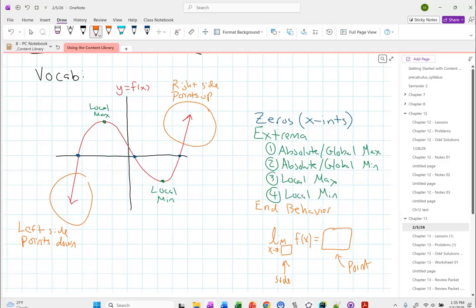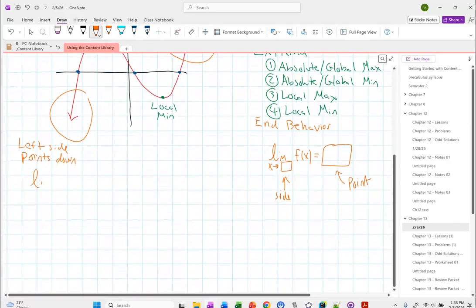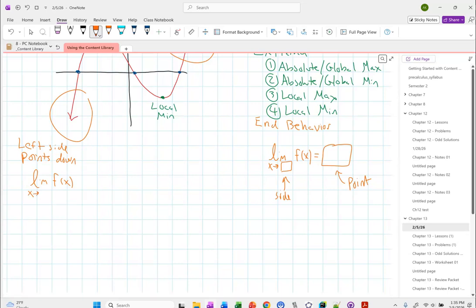When I talk about the side, we're doing this limit here. So the left side, we're going to represent as negative infinity, because as that arrow goes to the left, the x-coordinate on all those points is tending towards negative infinity.